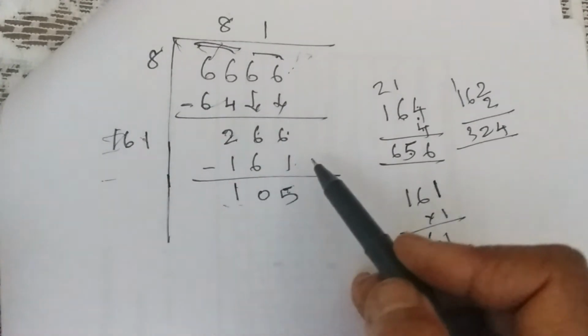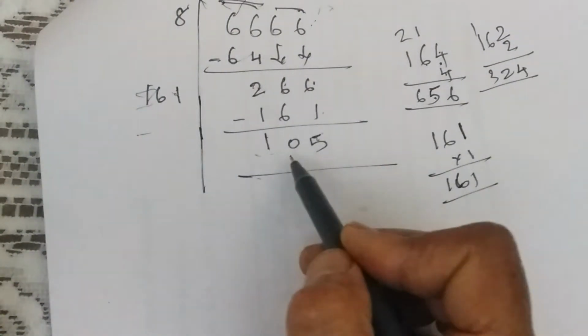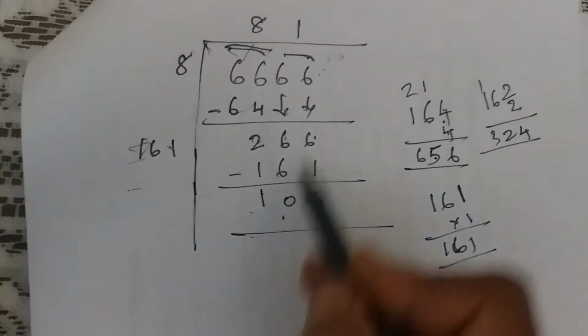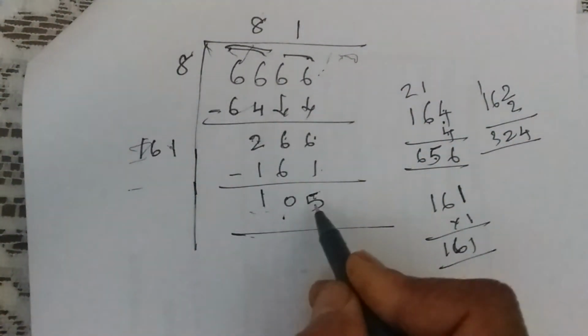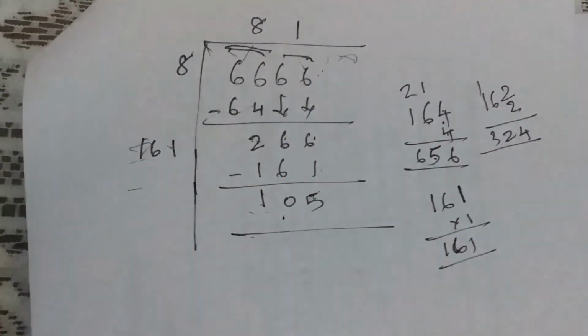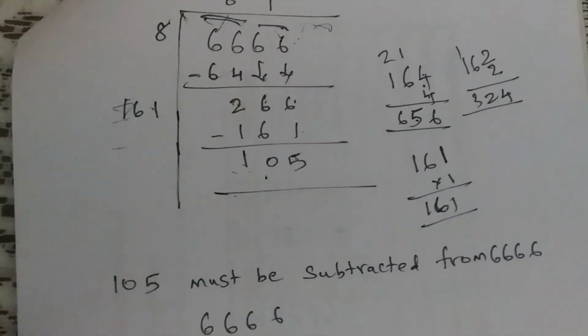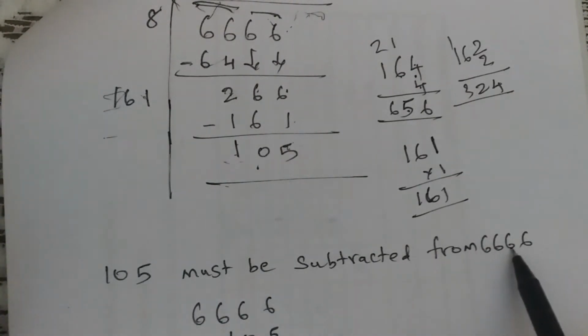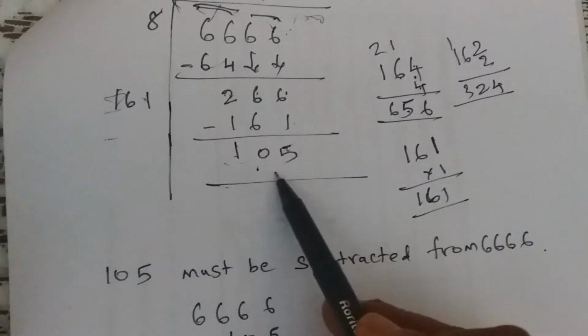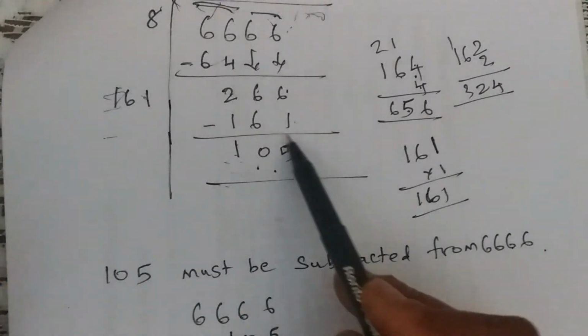So what has to be subtracted? Finally, whatever remainder you are getting, that has to be subtracted. Because if you want the remainder to be 0, this 105 has to be subtracted from the given number. So you should write 105 must be subtracted from 6666. We want to make the remainder 0, so we have to subtract the remainder.